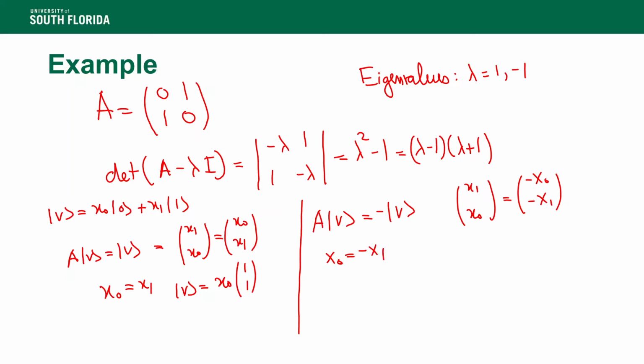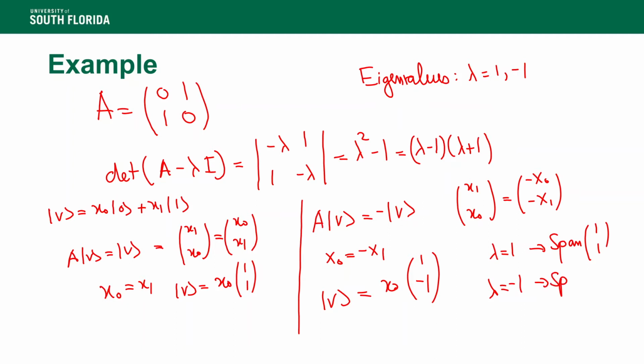So what we have is that V equals x0 times (1, minus 1). And so the eigenvectors for lambda equals 1 are the span of the vector (1, 1), while the eigenvectors for the eigenvalue lambda equals minus 1 are the span of (1, minus 1).